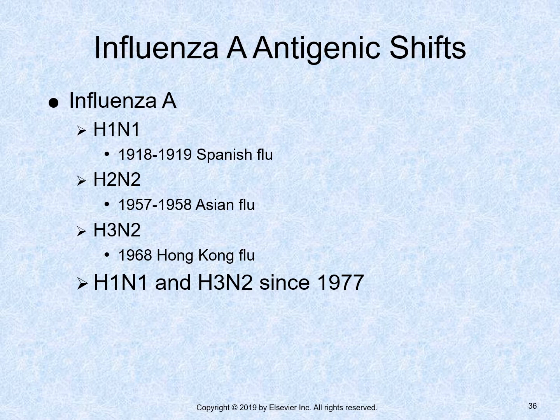That shift resulted in the pandemic Asian flu. Then, in 1968, another shift occurred, and a pandemic strain of influenza A virus H3N2 resulted in the Hong Kong flu. The dominant strains of influenza A virus since 1977 have been influenza A viruses H1N1 and H3N2.